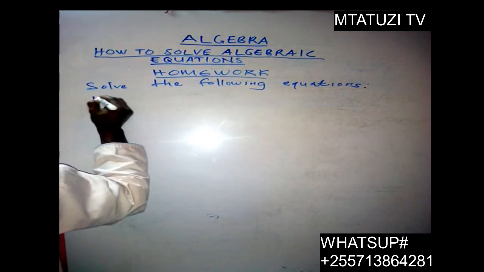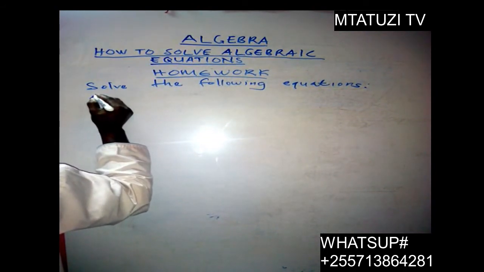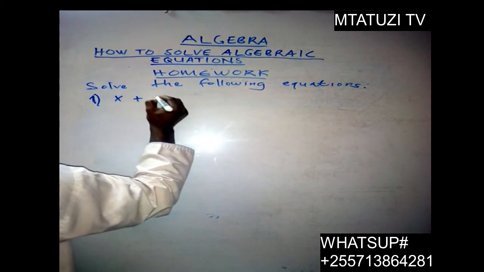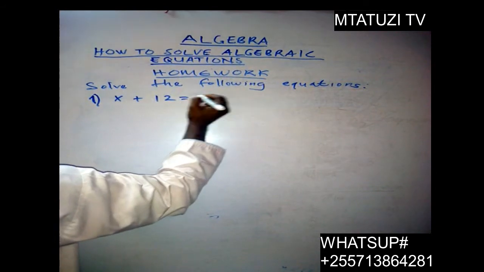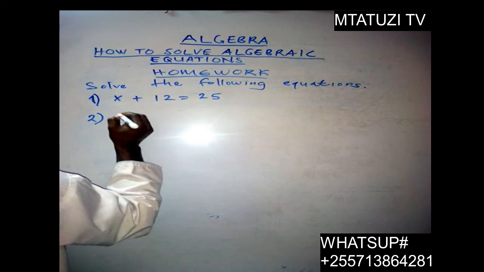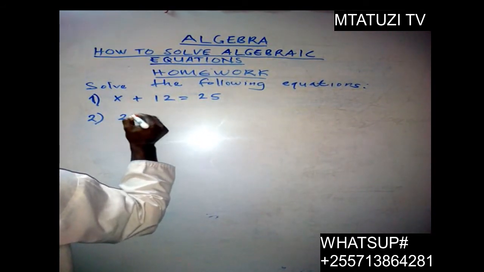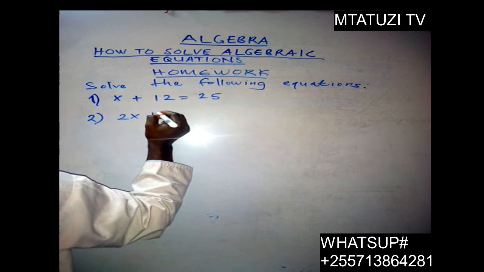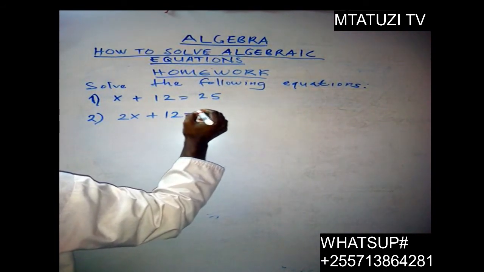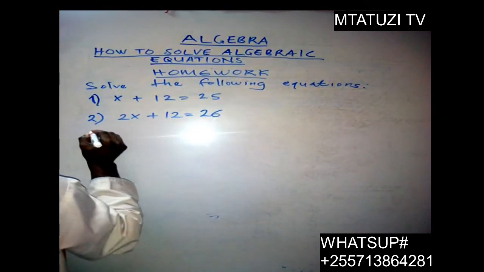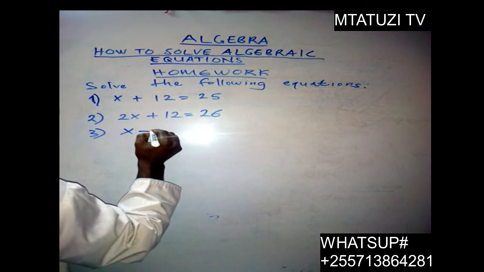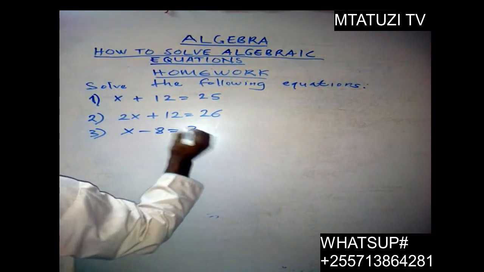Number 1, x plus 12 is equal to 25. Number 2, 2x plus 12 is equal to 26. Number 3, x minus 8 is equal to 8.